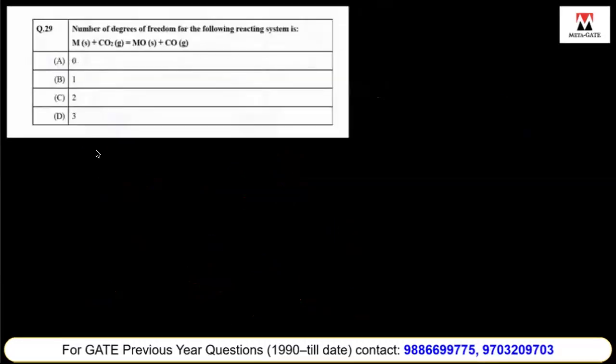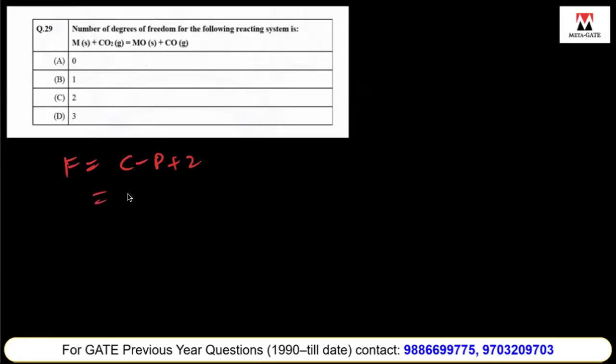The number of degrees of freedom for the following reacting system: M solid plus CO2 is equal to MO solid plus CO gas. See, in a reacting system, F is equal to C minus P plus 2. You need to see what are the reactants present here.